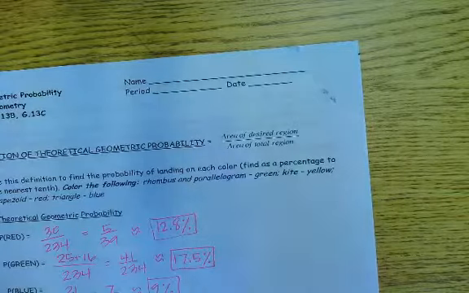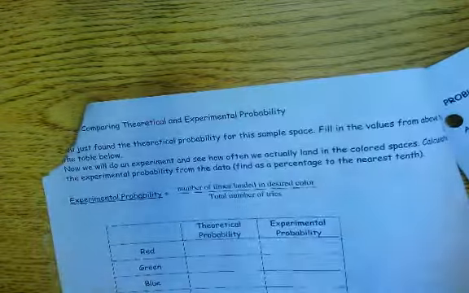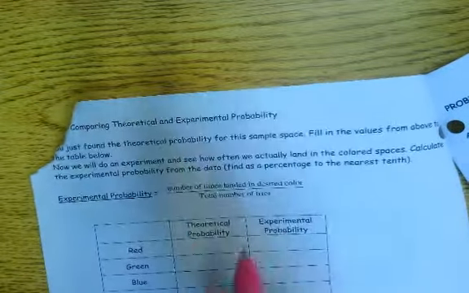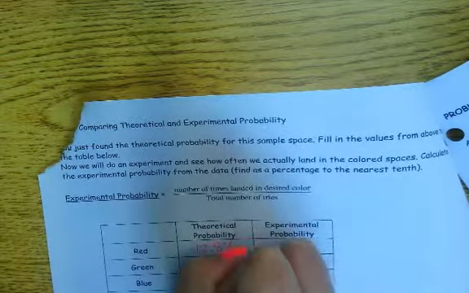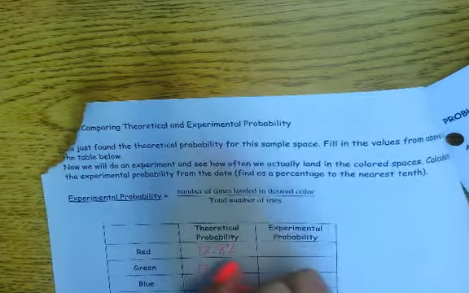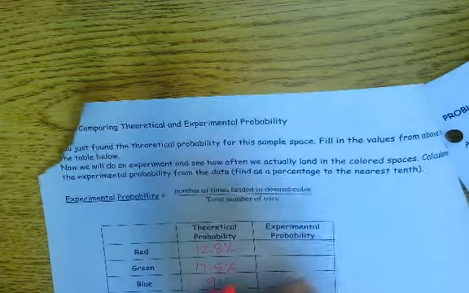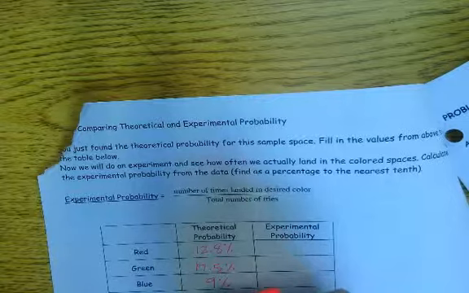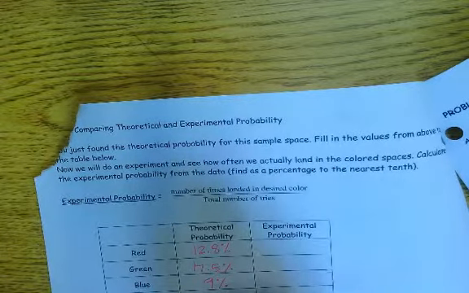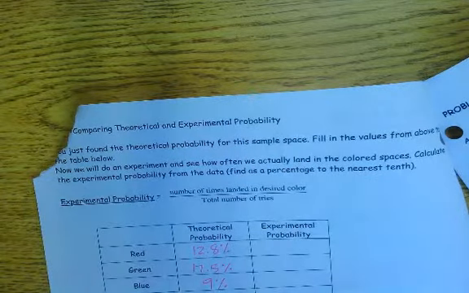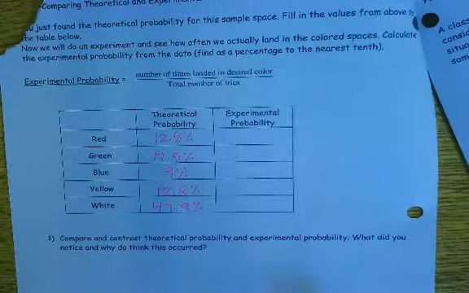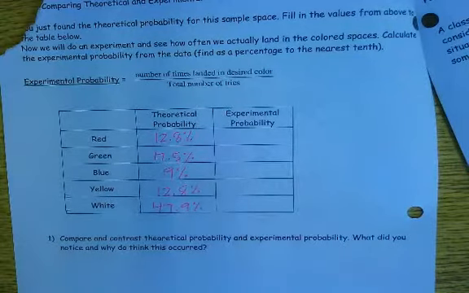Okay. Theoretically, what we just found is that red is going to be 12.8%, green is going to be 17.5%, blue is 9%, yellow is 12.8%, and white is 47.9%. So theoretical probability is the one that you calculate.